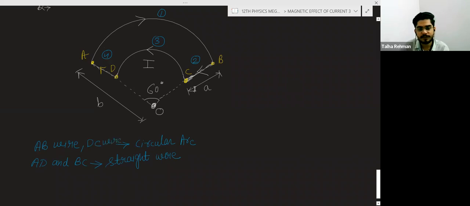So for this, you should know two formulas. First, the magnetic field of a circular arc, and second, how to calculate the magnetic field when a straight wire is given.